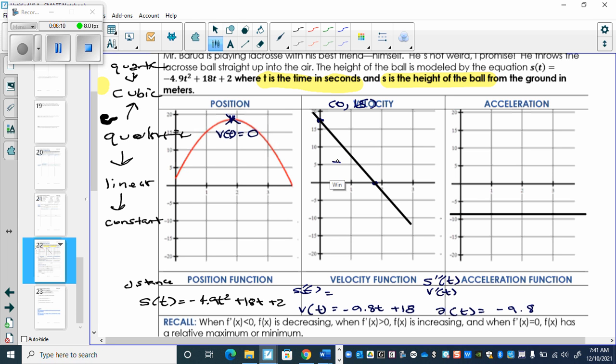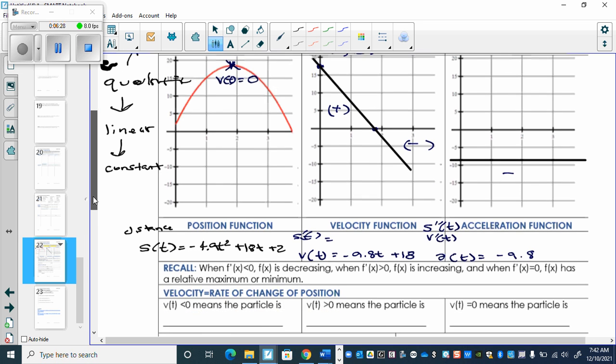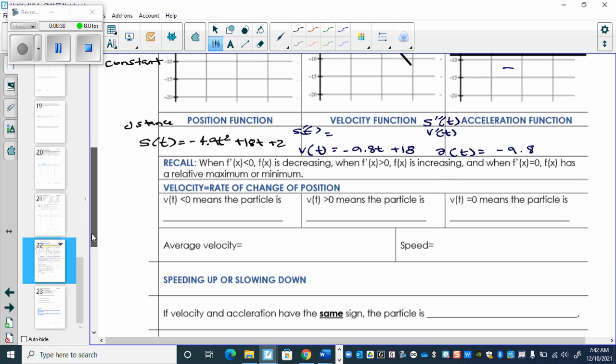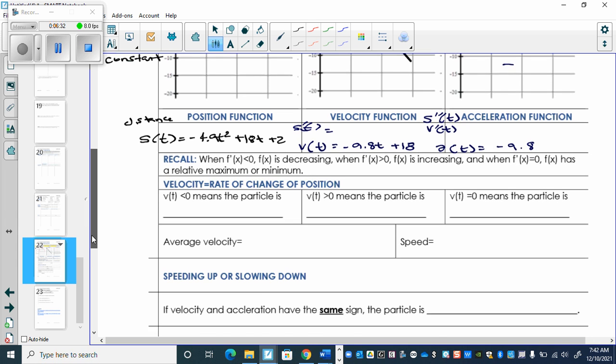So v(t) is positive here, and it's negative right here. Because this is always decreasing, its derivative, as you may have noticed, is always negative. So the rules still apply from some of the things we did with functions in the activity.